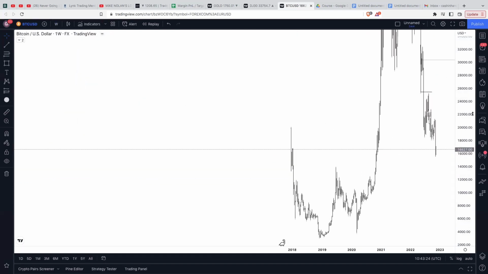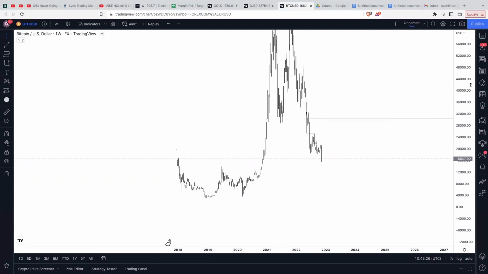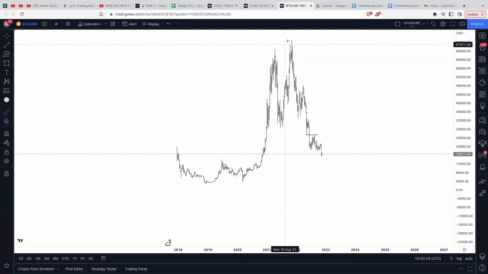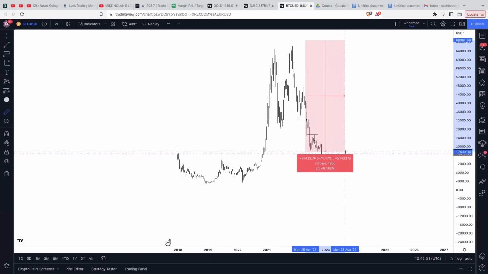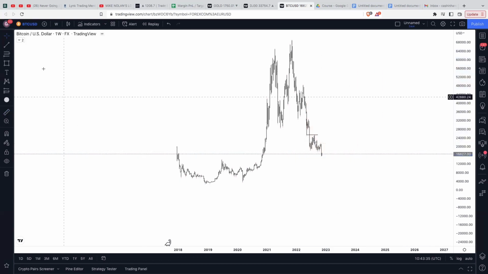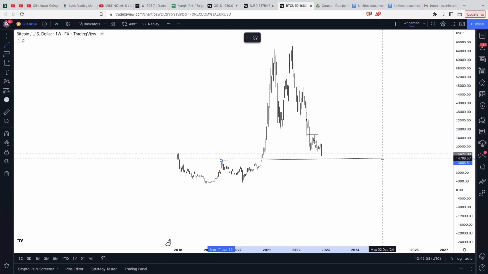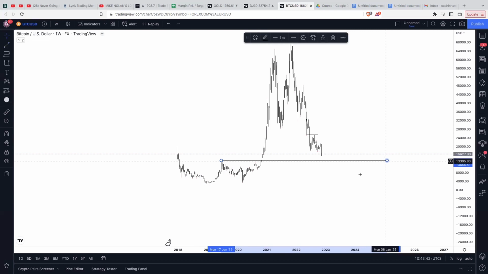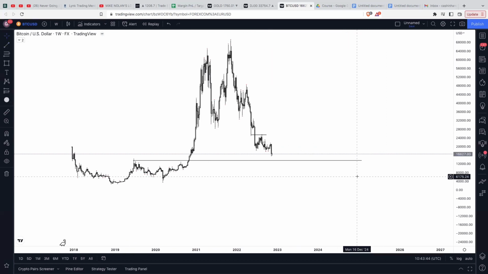From where price has been, price is pretty much now on sale. It's a 76-77% sale. So this isn't a terrible place to actually start buying from for different reasons. And we can go into market structure and all that sort of thing before. But round here is not a bad place to start putting your buys in. Even if it drops a little bit lower, you get your average over time as the market recovers.